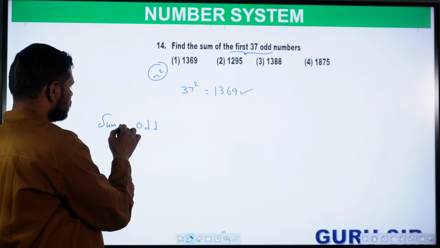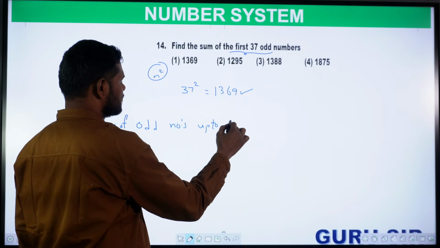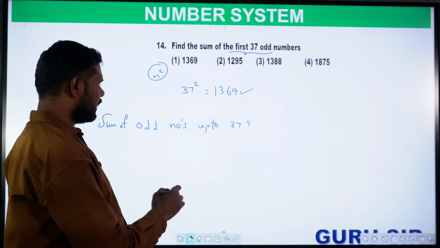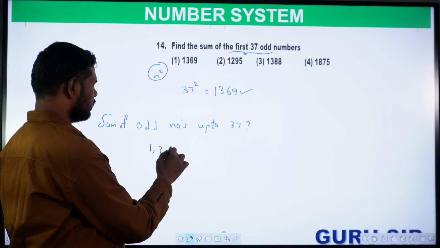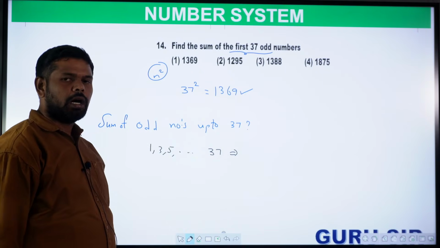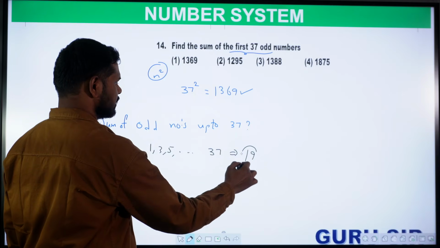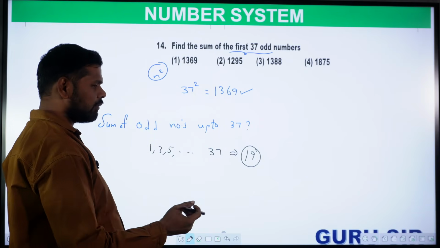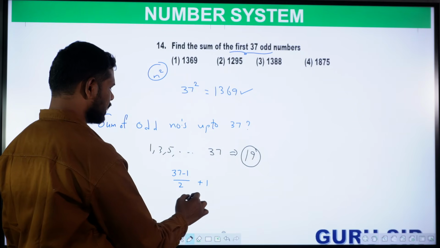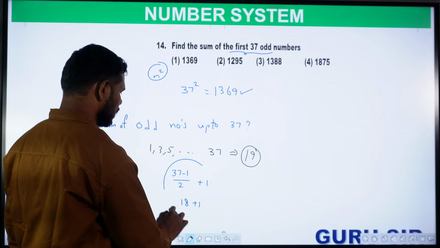Suppose sum of odd numbers up to 37. Up to 37, how many odd numbers are there, meaning 1, 3, 5 and so on up to 37? That is important. The total is 19. How do we find it? 37 minus 1 by 2 plus 1, since both ends are odd numbers. 36 by 2 means 18 plus 1, so there are 19 odd numbers.